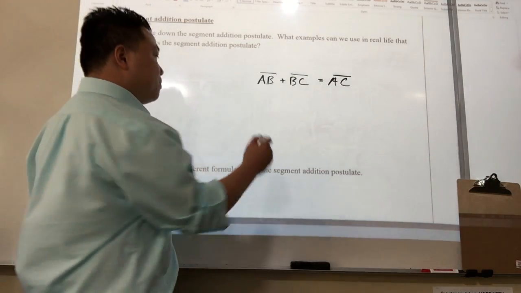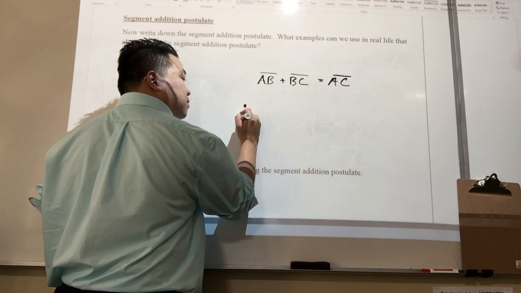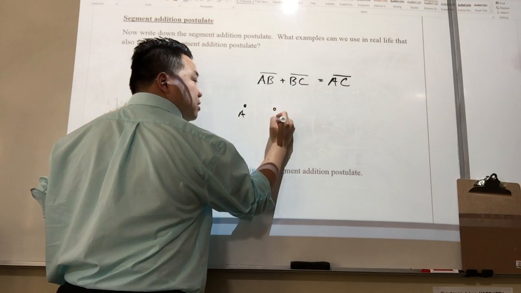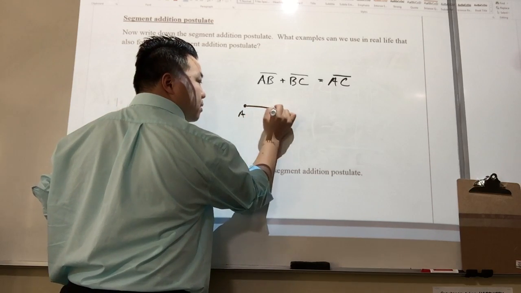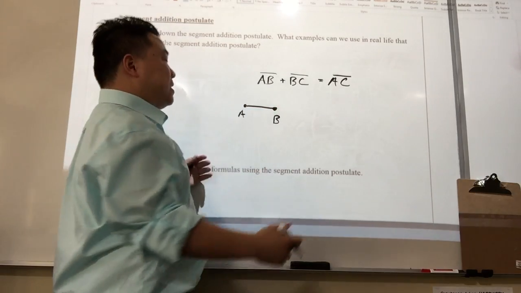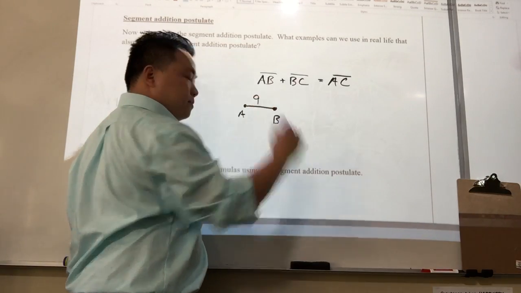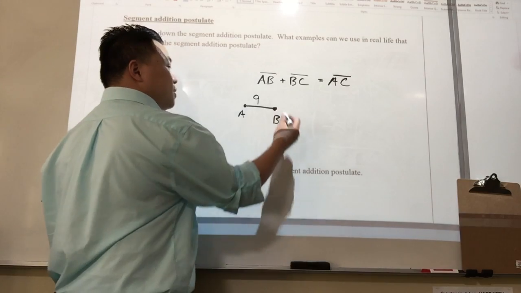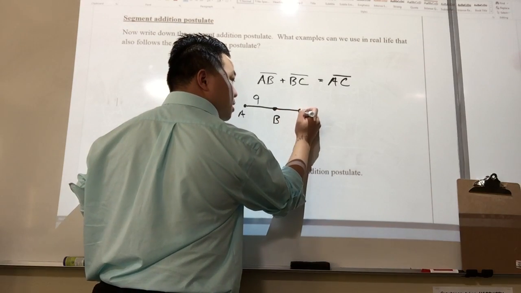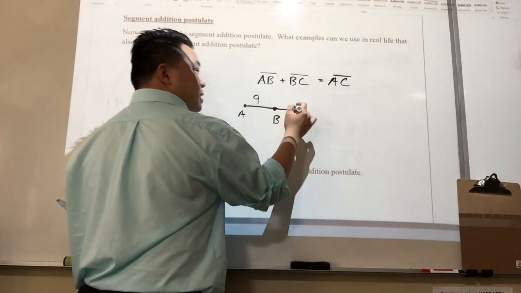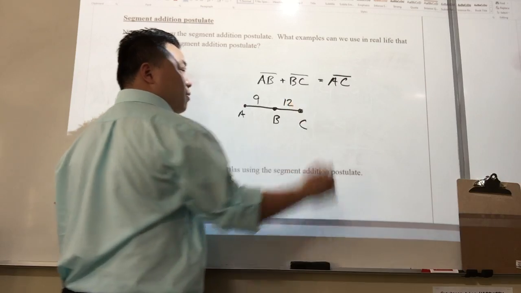Simple example. You have a line segment from A to B. This distance is 9. Then from B to C, this distance is 12.